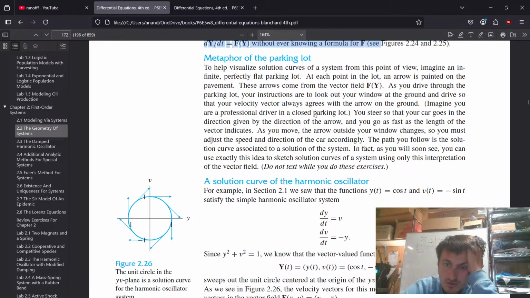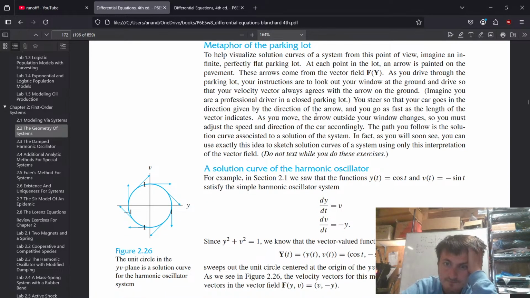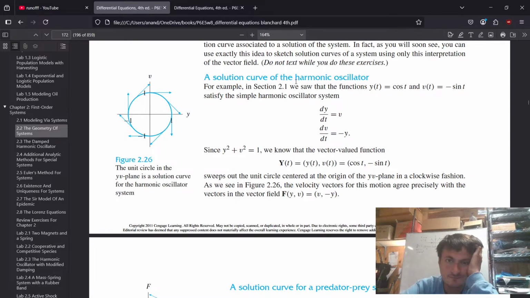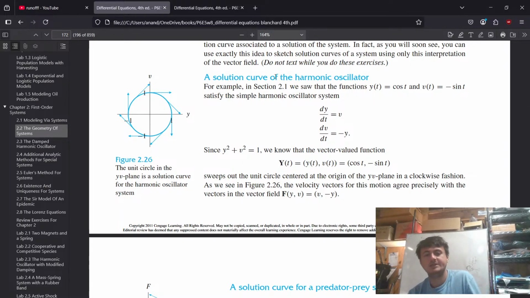Okay, that's a hilarious metaphor. Okay, a solution curve of the harmonic oscillator. For example, in 2.1, we saw that the functions cos and minus sine satisfy the harmonic oscillator system.